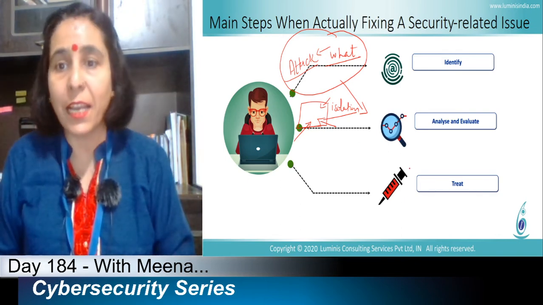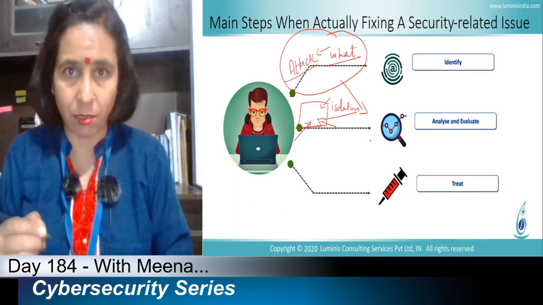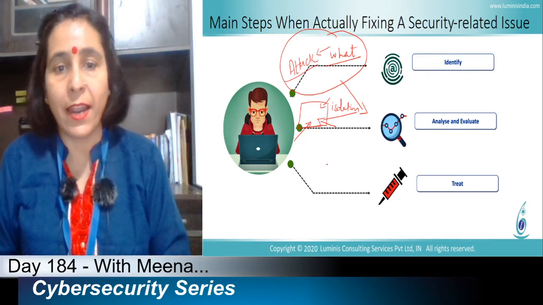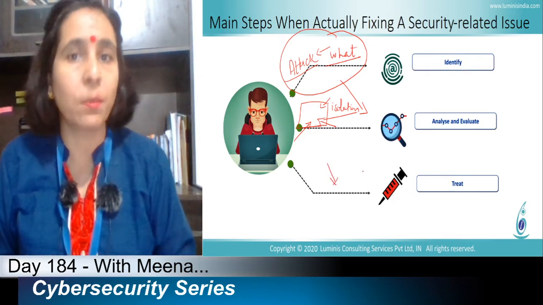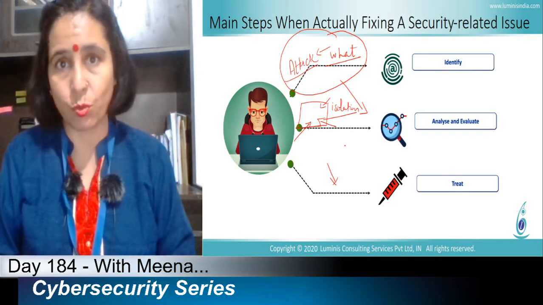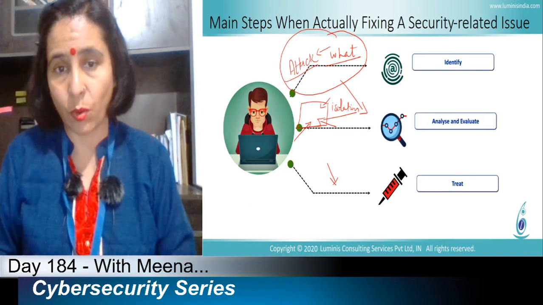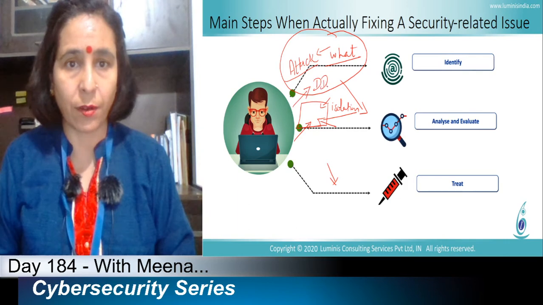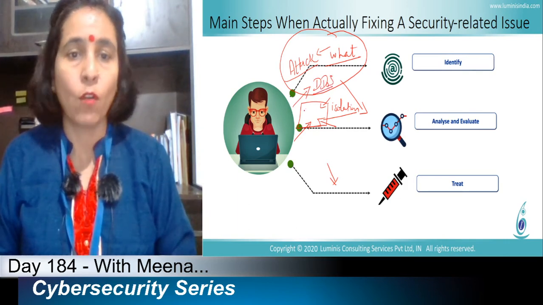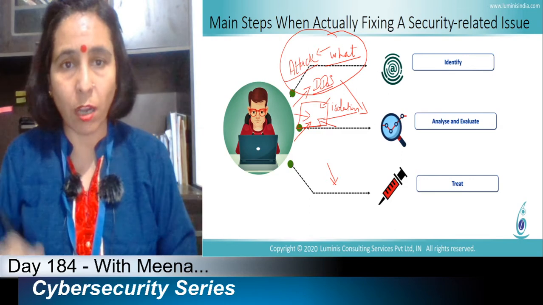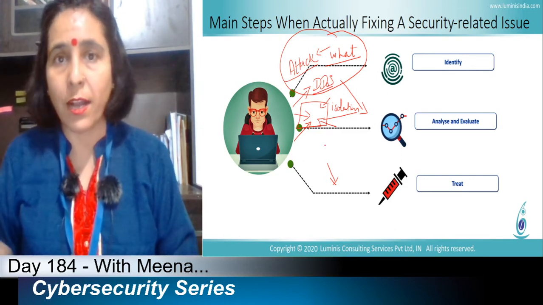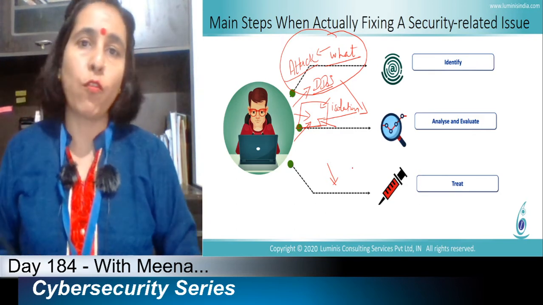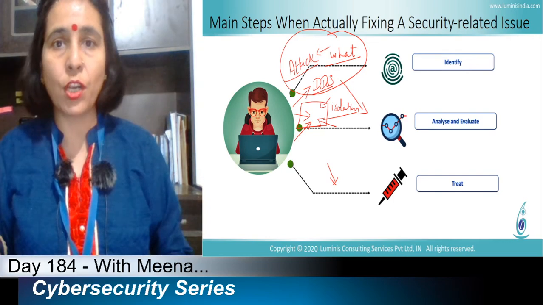After analyzing and evaluating that situation, we move ahead to the next step, the treatment or remediation of that particular attack. Once we know, say, a DDoS attack happened on our network, which part of our network was affected, what the root cause was, and how much damage was done, then we decide what kind of policies we need to implement and where we need to patch.